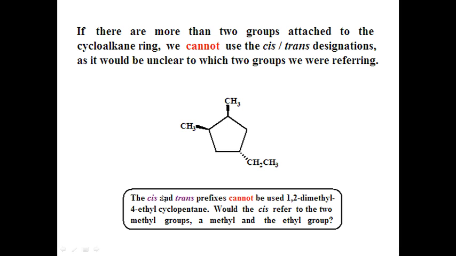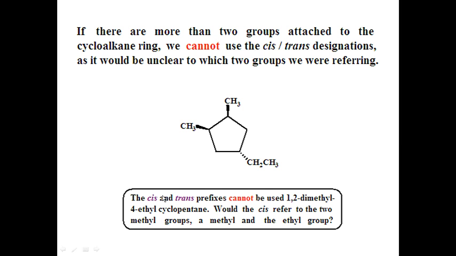Okay. Now to complicate things a little bit, you can only use cis or trans in the name when you have 2 groups on the ring. Okay. We can't use cis or trans in the name when you have more than 2 groups attached to the ring.